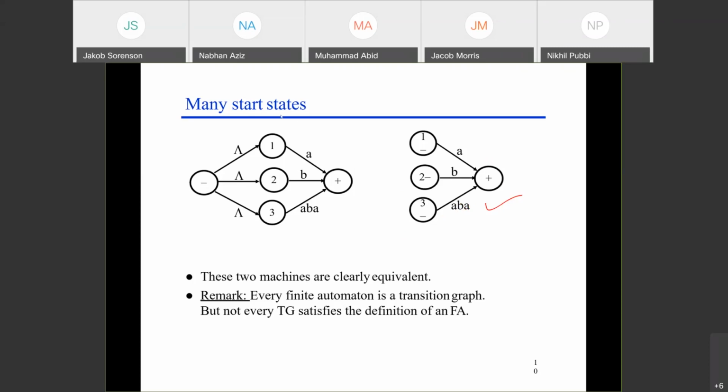When you have more than one start state, we do not like that because the machine will be confused about which state it should start from. This is a non-deterministic approach, where the machine does not make a decision by itself. This is called non-deterministic.